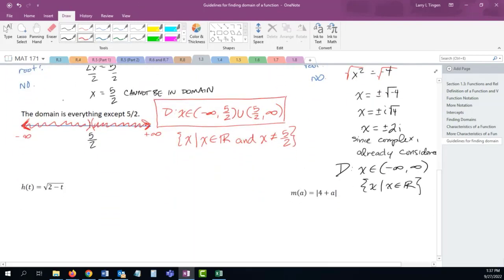So let's take that same process and just do it for h of t. In this problem, the variable is t, so I say, is t in the denominator?